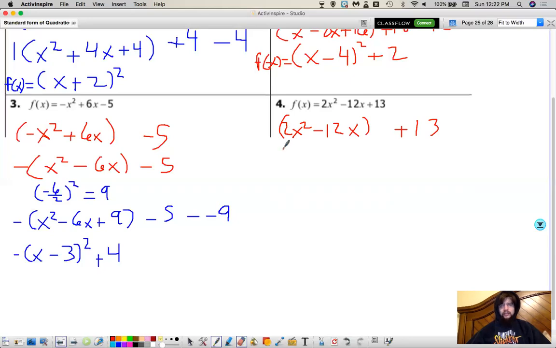If it is 1, it doesn't make a difference. So 2 times. If I take a 2 out of here, I'm left with x squared. If I factor out a 2 from here, I'm left with a minus 6x. It's just the reverse of the distributive property, guys. 2 times negative 6 is negative 12x. We factored out, we're dividing.